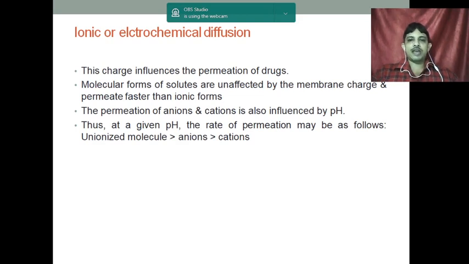As we have said, at a given pH the unionized molecule is absorbed first, then the anions, then the cations. For the anions and cations, the transportation is influenced by the pH.